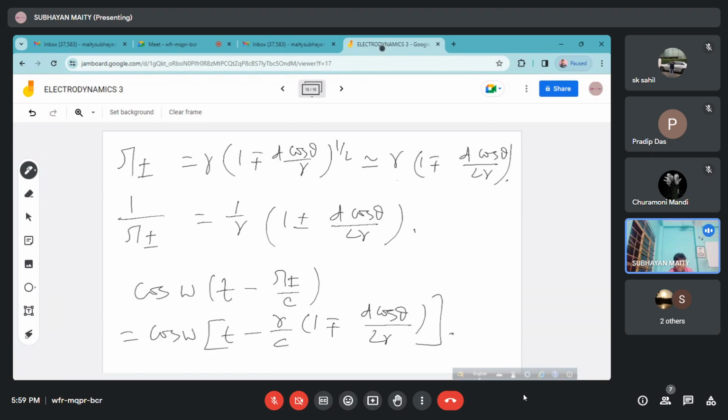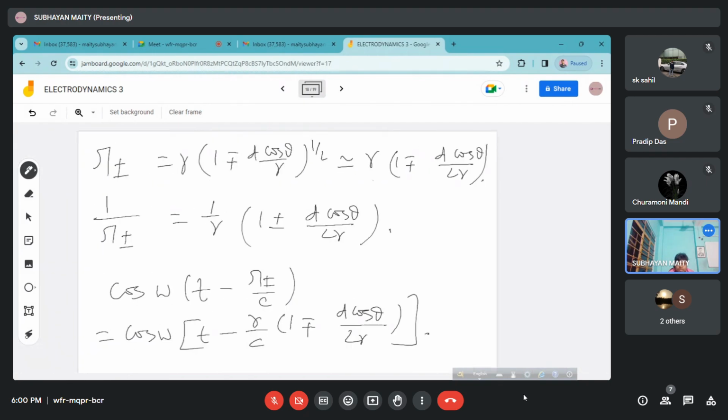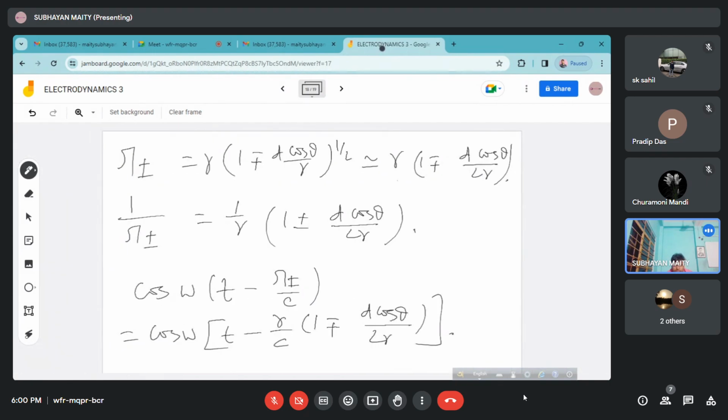Following the cosine formula, cos (a plus b) means cos a cos b minus sin a sin b.